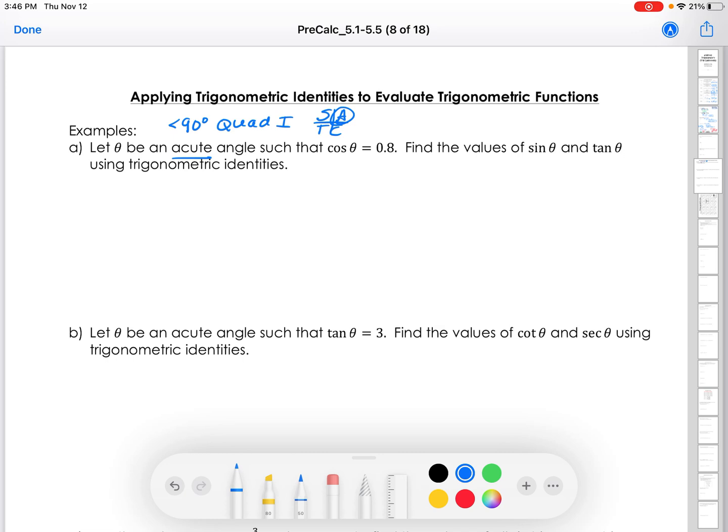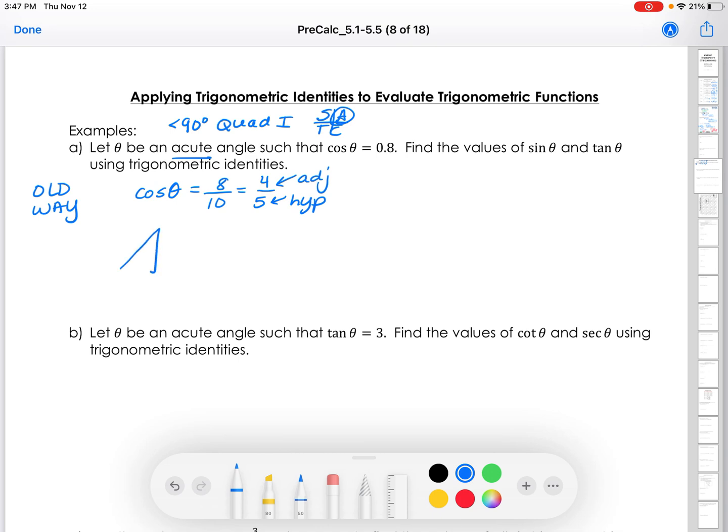So the old way of doing it is that we would have drawn a fraction. So we would have wanted to think of that 0.8 as a fraction. So we would have said that cosine of theta instead of 0.8 was 8/10, which would mean really that's 4/5. And that is the adjacent side and the hypotenuse of a triangle.